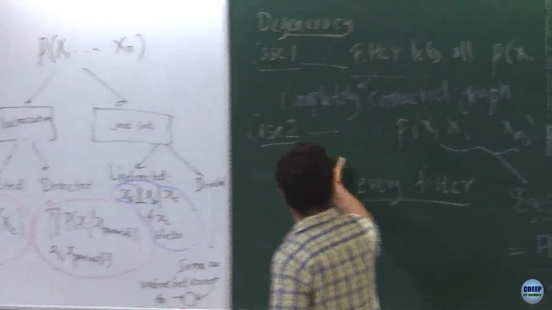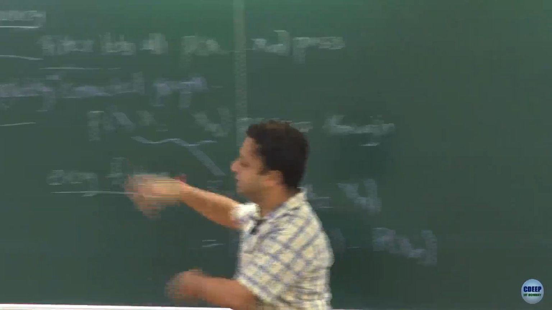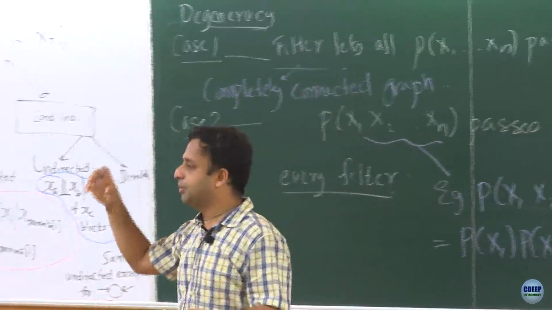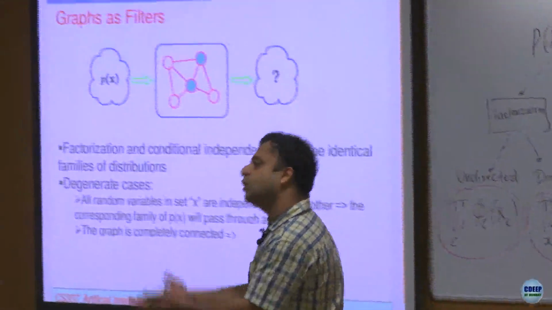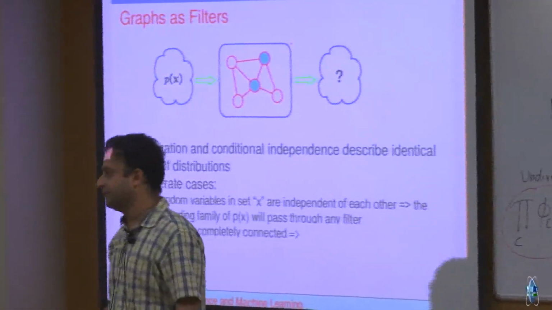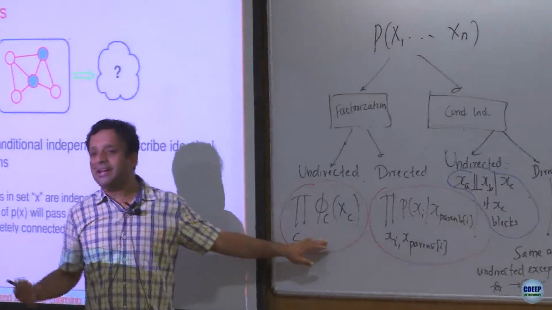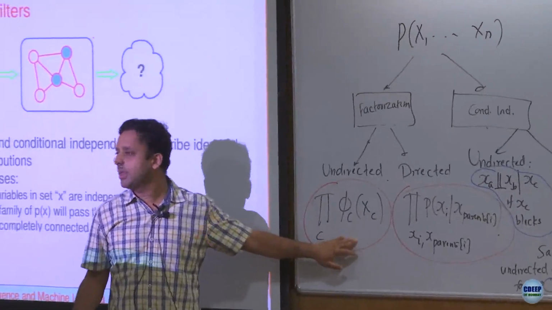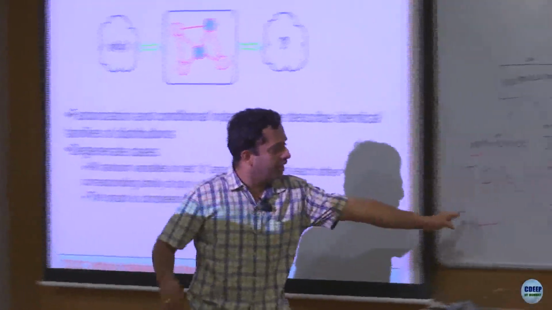But if your set itself consists of independent distributions, then it will pass through any filter, because all independences are there and the filter is only asking for some independences. Think in terms of the joint distribution. If I can write this distribution as a product over individual x1, x2, ..., xn, then I can also write it in terms of cliques.